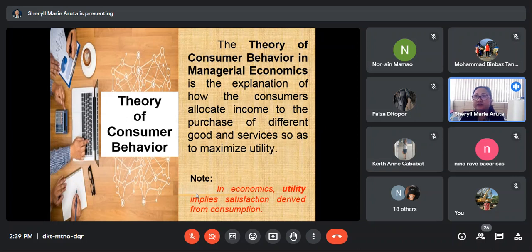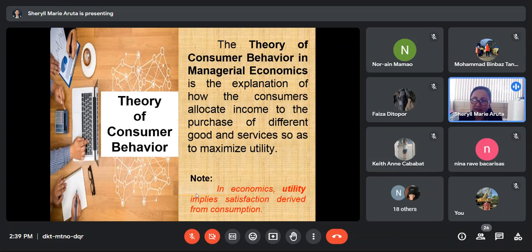And at the end of the day, they buy the goods and services because they have to experience utility or the idea of satisfaction.